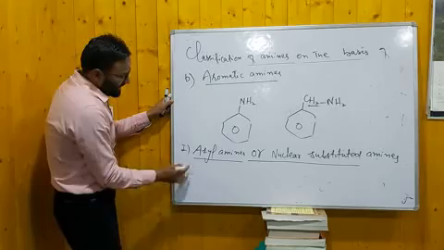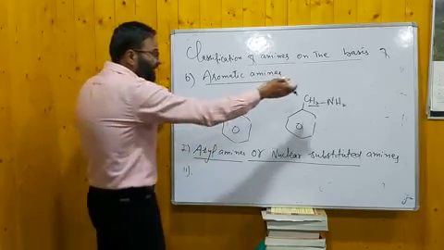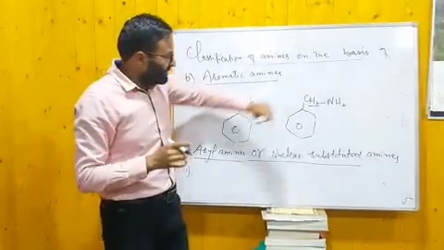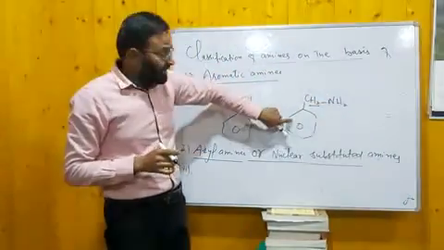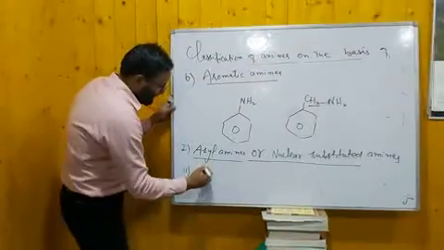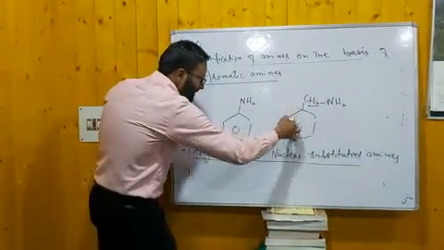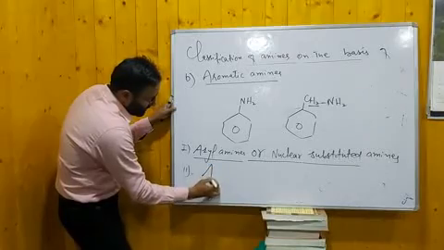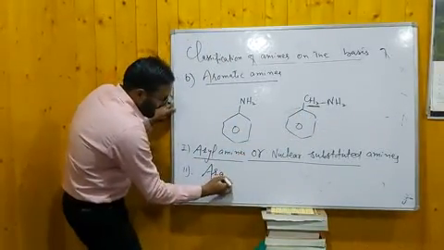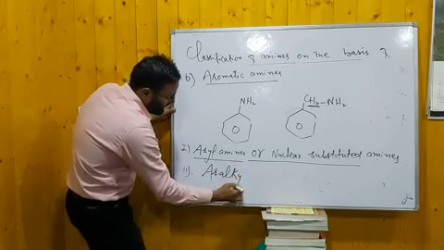Now the second type is when the amino group is attached to the side chain of the benzene ring. The amino group is not directly attached to the benzene ring. It is attached to the side chain of the benzene ring. At that time it is known as aryl alkyl amine. This is the aromatic part, and this is the alkyl.